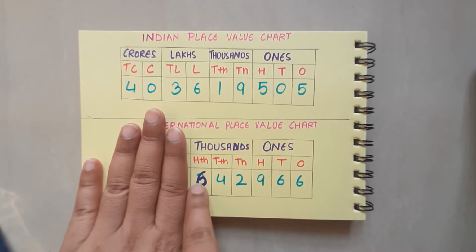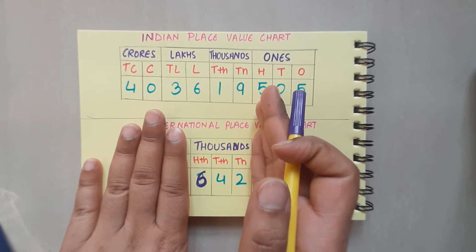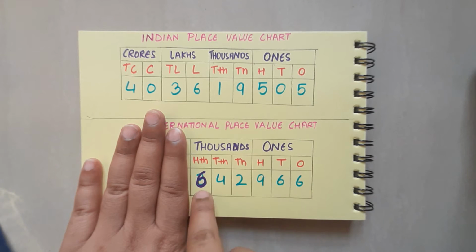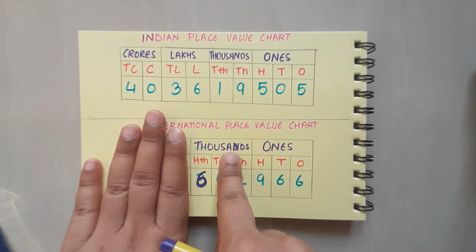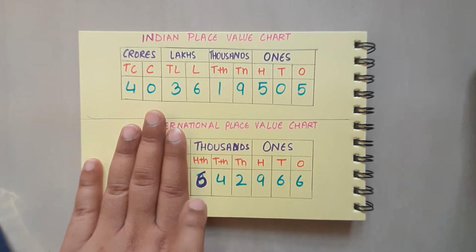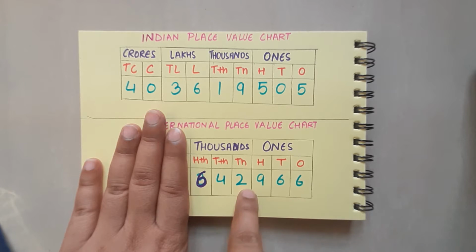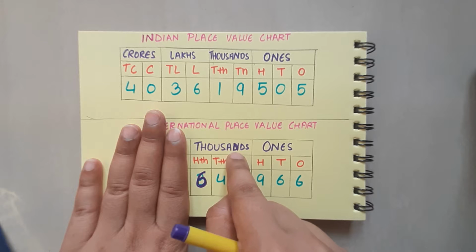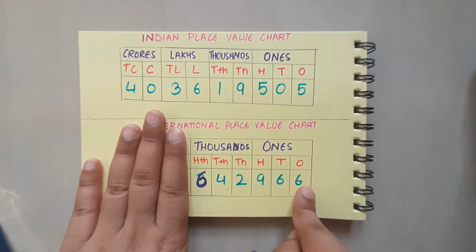642,000. If we have to read this number according to the international system, we know that in periods we read the number together. So this is the thousands period, so 642,000. All right, are you getting my point? So this is 642. First we are going to read this number, 642,966.